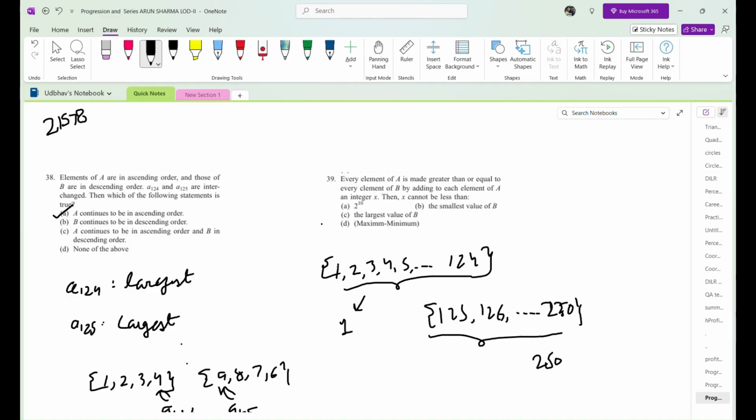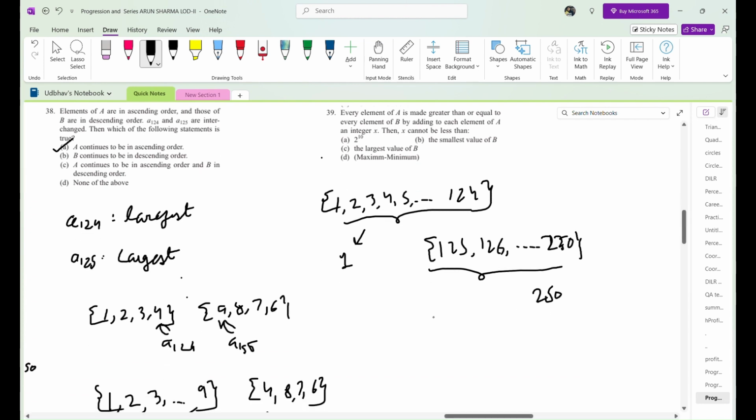If we have to make this 1 greater than 250, what would be the value of x? x should be greater than 250.